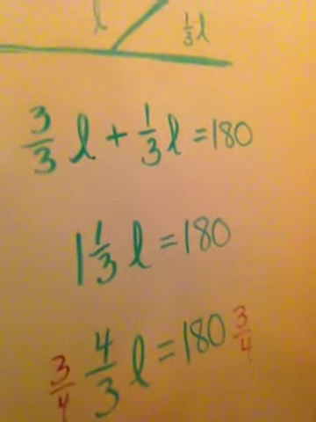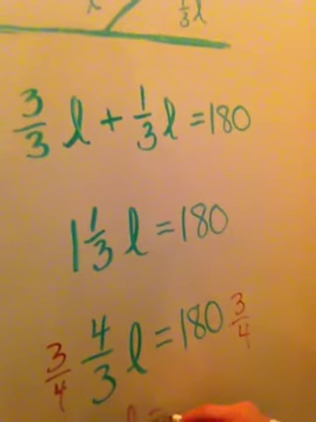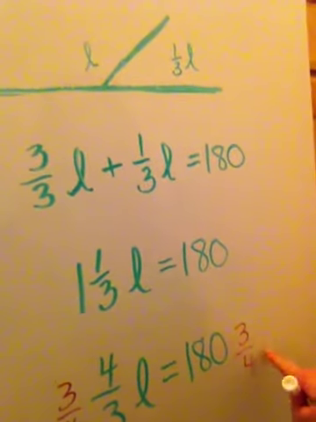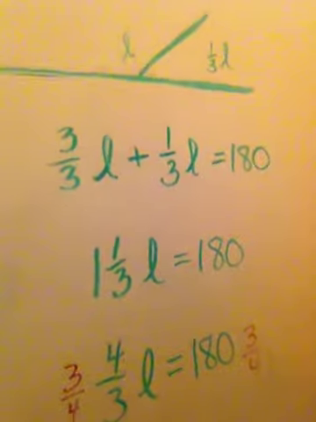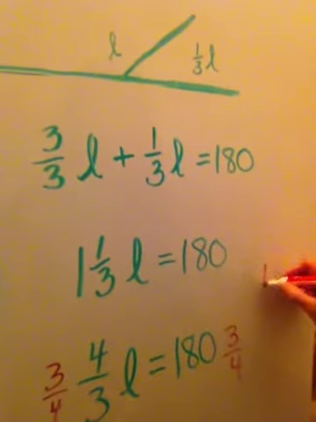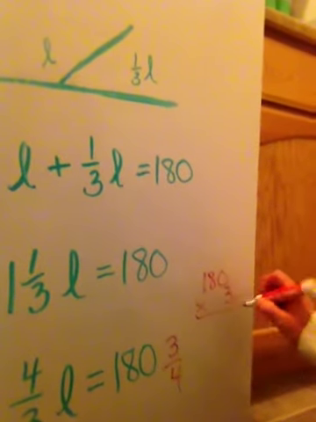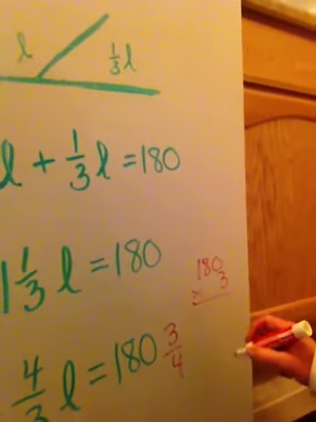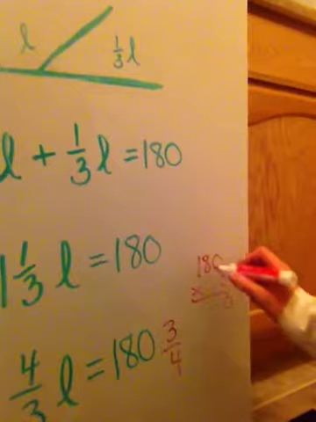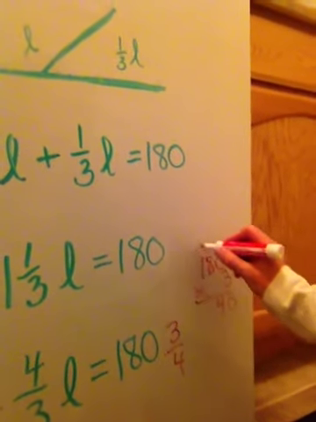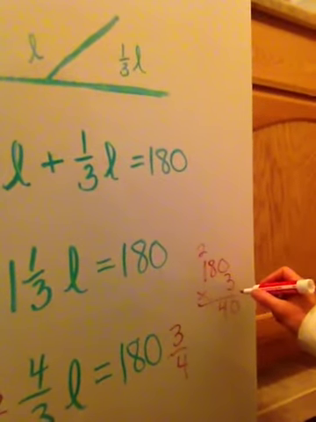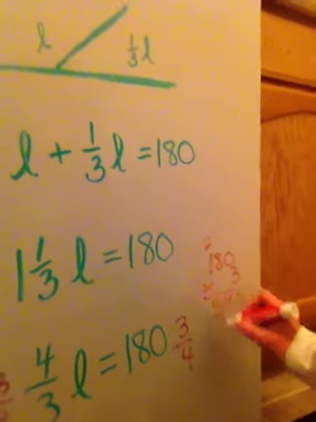So those are gone, so I'm left with L equals, I can do my cross cancel if you're good with that. If not, just do it out to the side, 180 times 3. Again, I could cross the 0 off, but I'm just going to work with it this time. 3 times 8 is 24, and 3 plus 2 is 5.